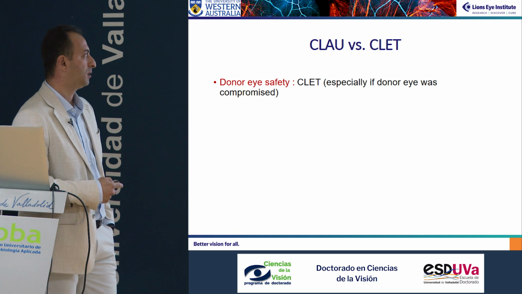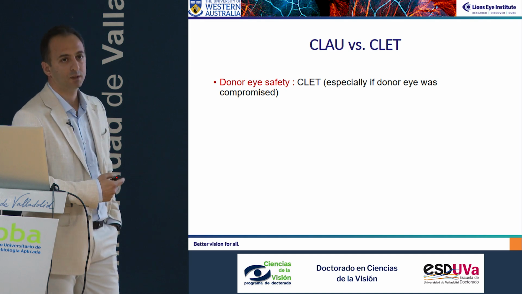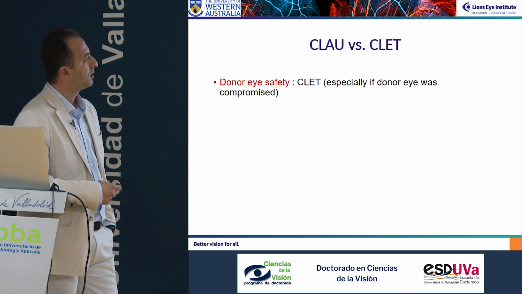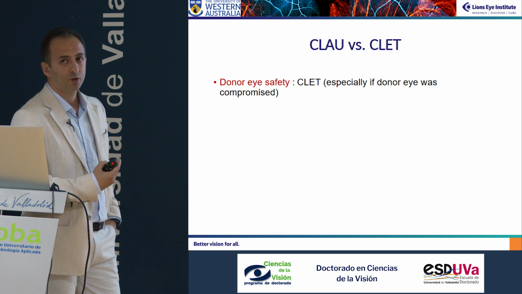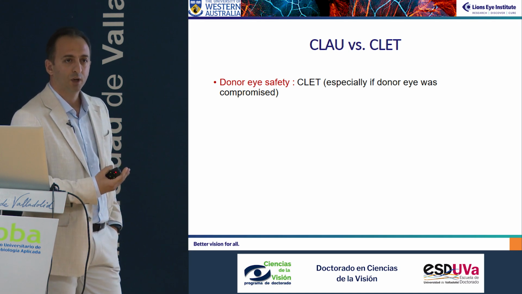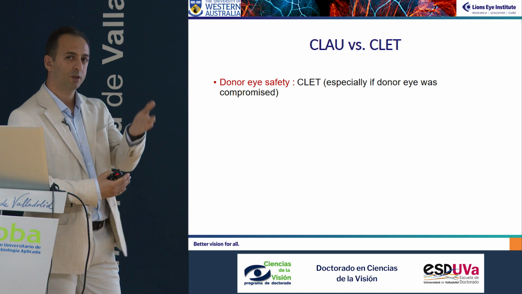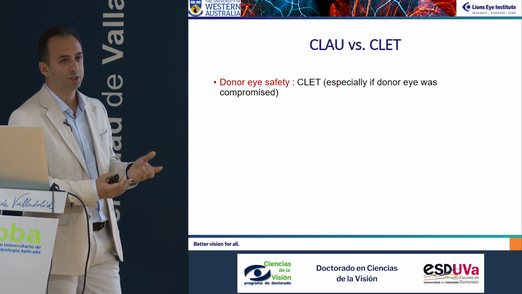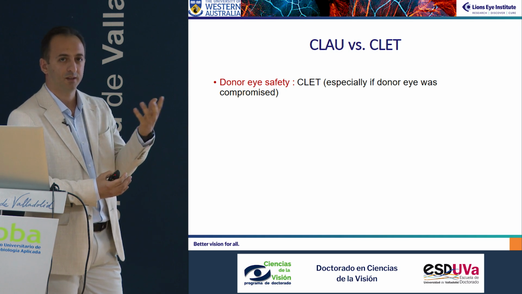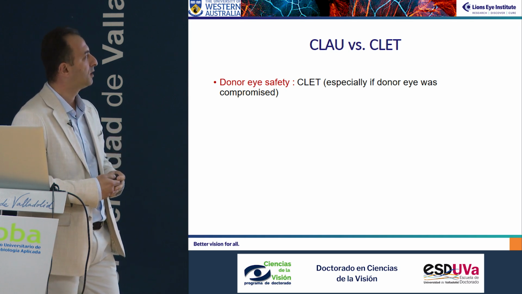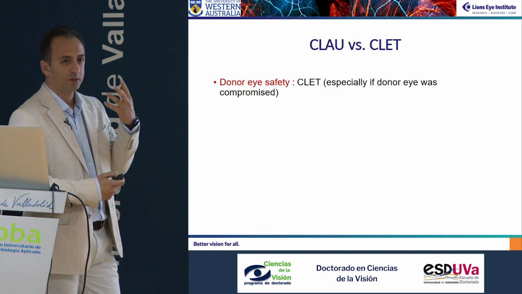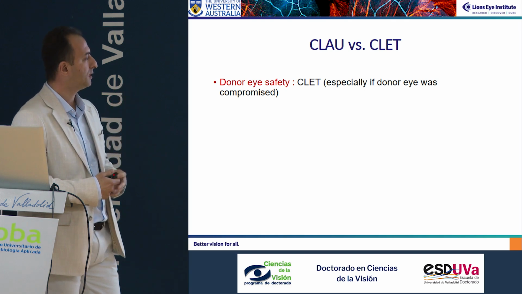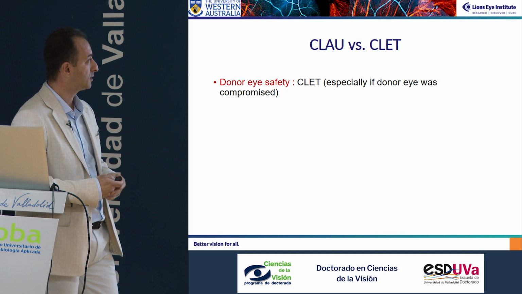But still, CLET is a better option if safety is a concern, especially if the other eye is suspicious, like in a chemical burn where you have one eye with total limbal stem cell deficiency and you don't know if the other eye had any exposure to chemical injury, or the patient is a bit unsure. Then CLET is a better procedure compared with CLAU.